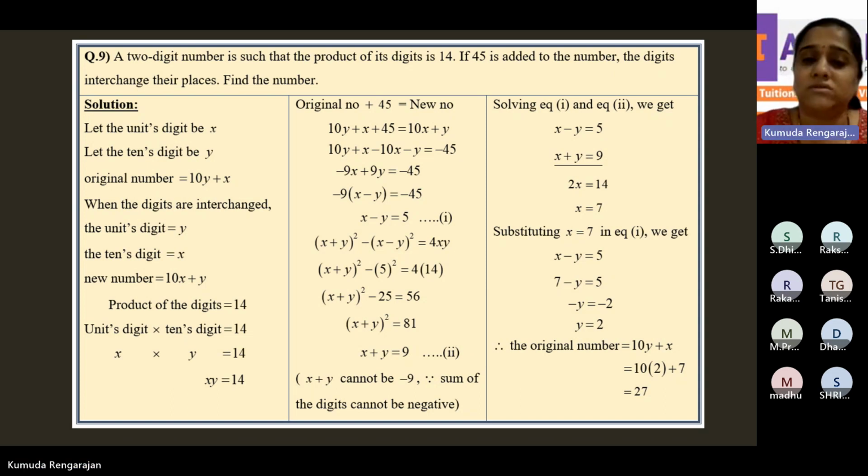Now make the equation. Tell me what you get online. What do you get from this? Take x and y to one side and the number on the other side and tell me the equation. Yeah. 10y plus x minus 10x minus y is equal to 45.